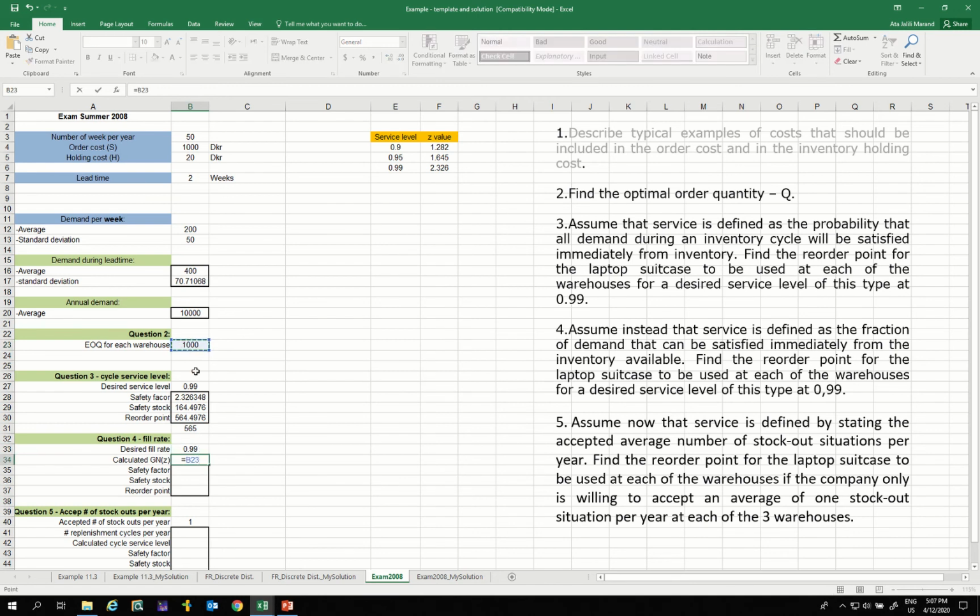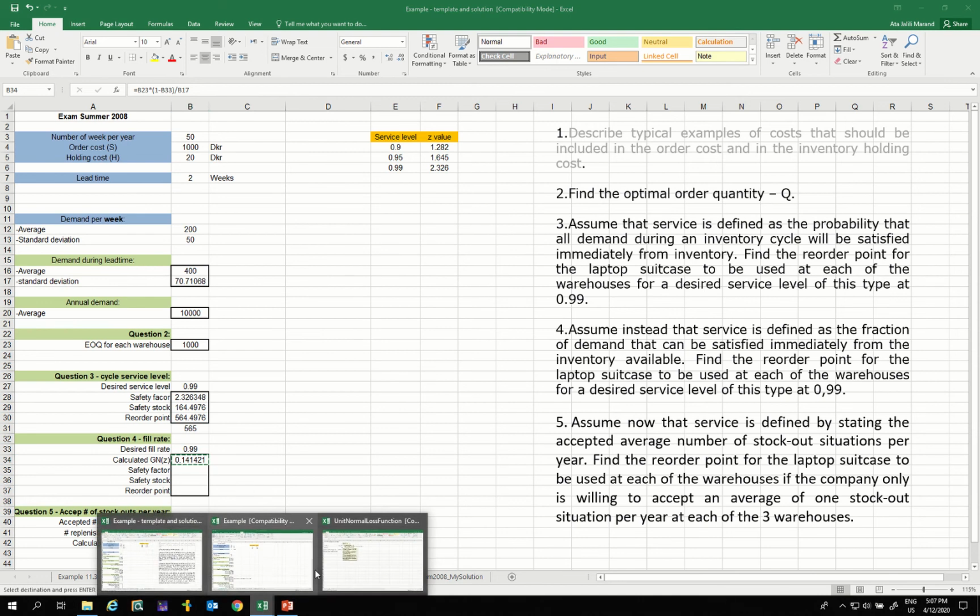It is Q multiplied by 1 minus Fr, fill rate, divided by the standard deviation of demand during lead time, which is 0.141421.